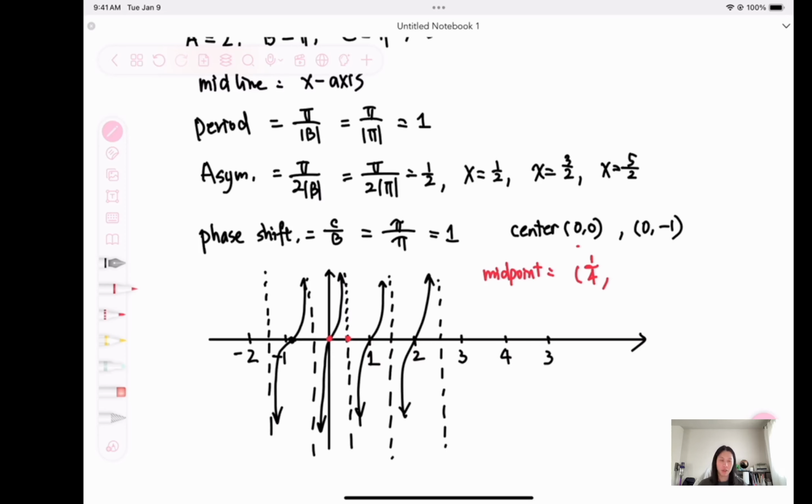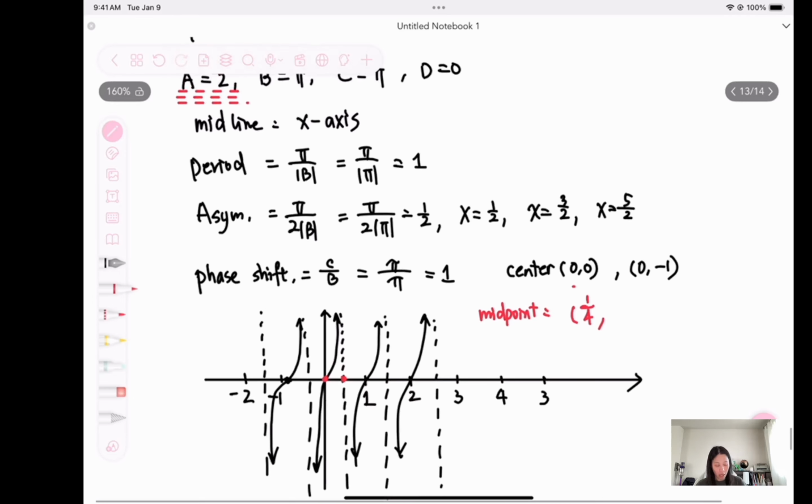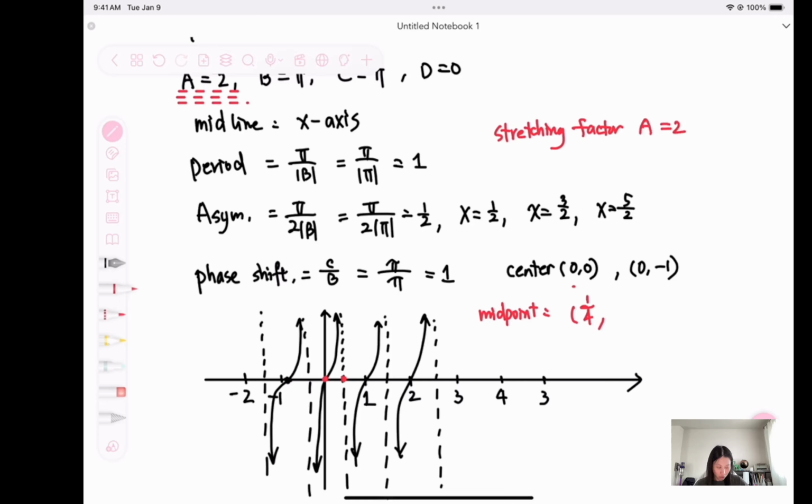And then what happened to the y-coordinate? Well, our stretching factor A is equal to 2. So that means our y-coordinate is equal to 2, because that comes from tangent pi over 4 is equal to 1, and if you times an A to it, which A is equal to 2, that gives you a 2.